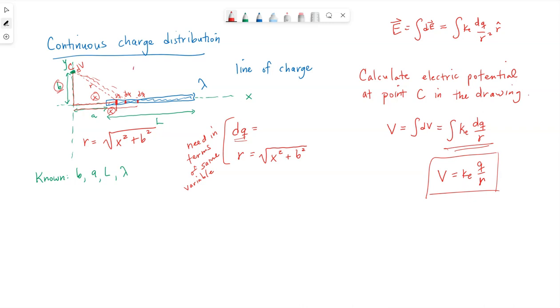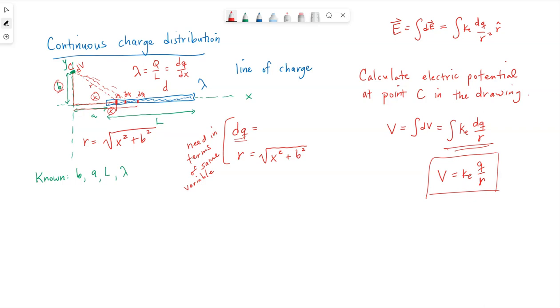If you recall, we related dq and dx or dy through the linear charge density. We can say that lambda is total charge over total length, or a piece of charge over the length of that little piece. I'm calling the length of any one of those little pieces of charge dx because they're on the x-axis.